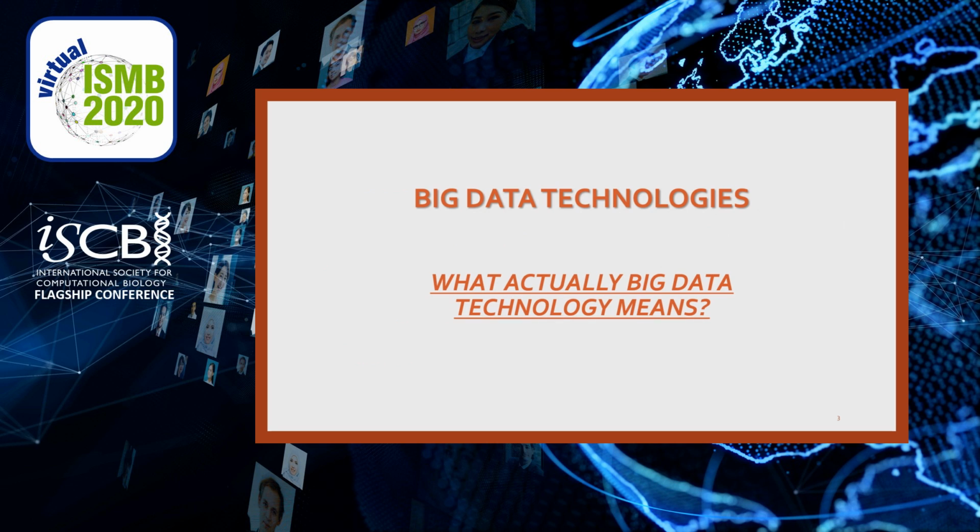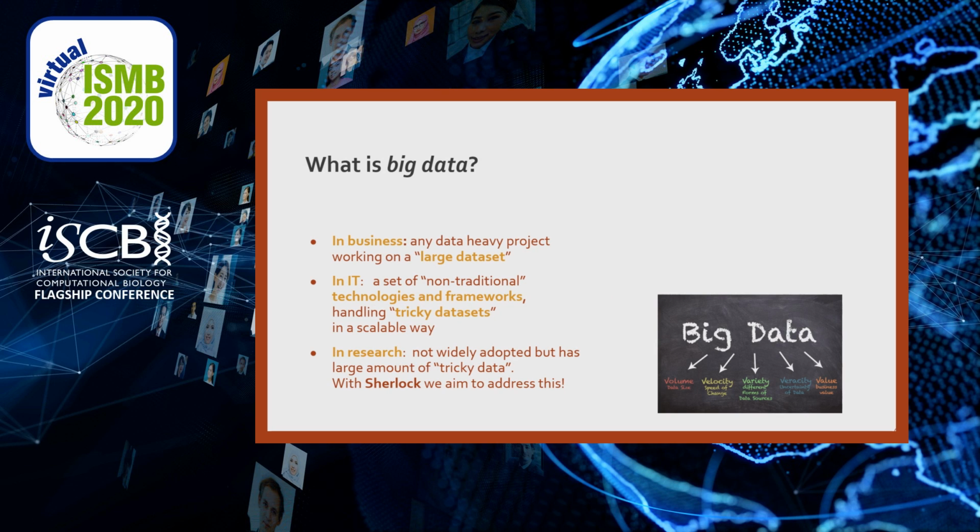But what does big data technology actually mean? The general definition is that big data is a field that treats ways to analyze, systematically extract information from, or otherwise deal with datasets that are too large or complex to be dealt with by traditional data processing software. But actually, big data is not only about large datasets, but it can also be about any dataset which is changing rapidly or needs to be transformed or cleaned, for example.